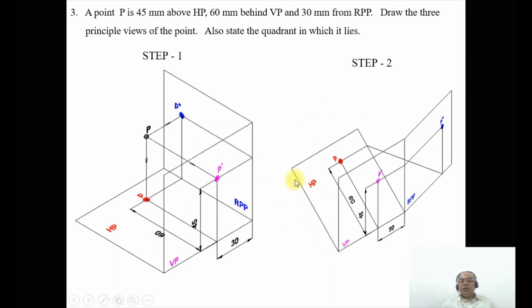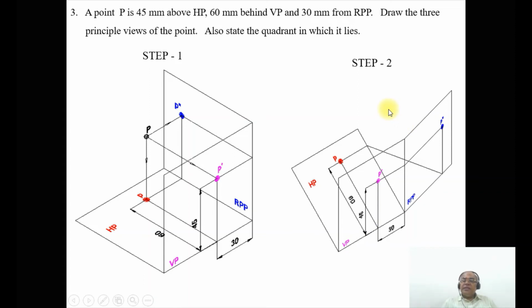So the horizontal plane is taken to the top and the right profile plane is going towards the right side. As we see here, you can see the corresponding images on the horizontal plane being rotated, and also the right profile plane is being rotated, and the vertical plane is always fixed. So you can see that here.